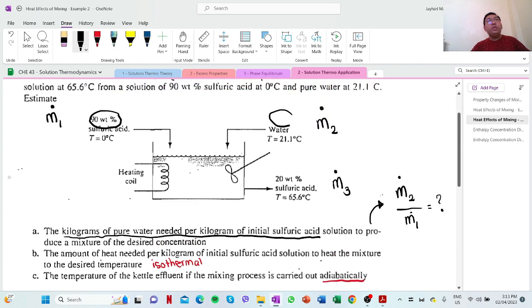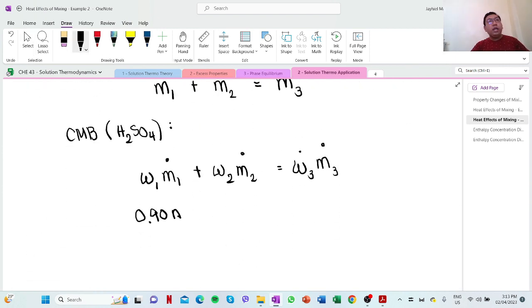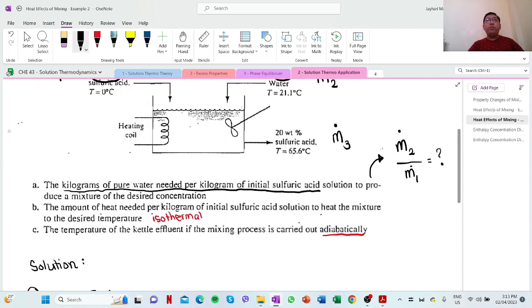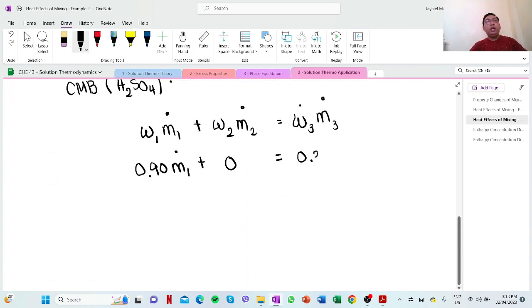For W2, this is pure water, so there is no sulfuric acid present in this stream, so we can just place a zero. And lastly, for W3 M3, we have 20 weight percent, since the goal is to have a 20 weight percent solution. So 0.20 multiplied by M3 dot.